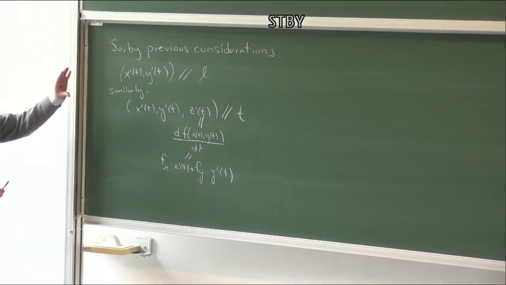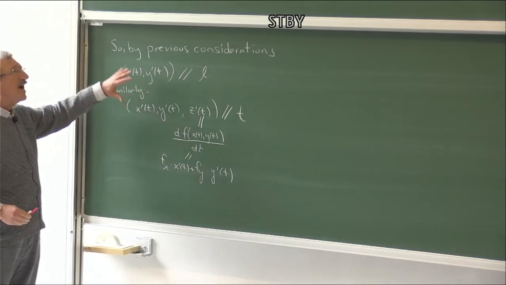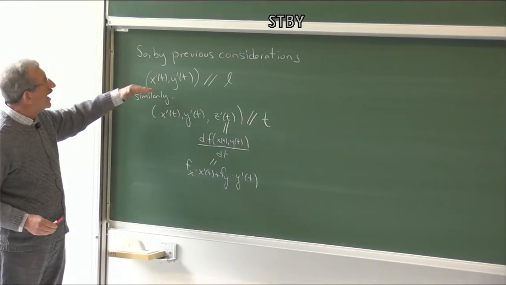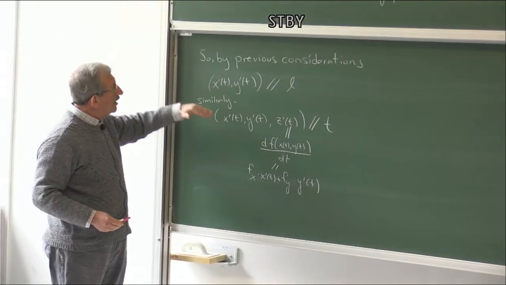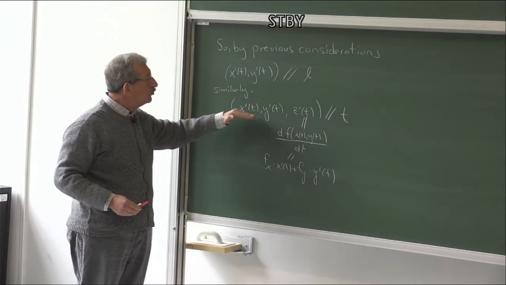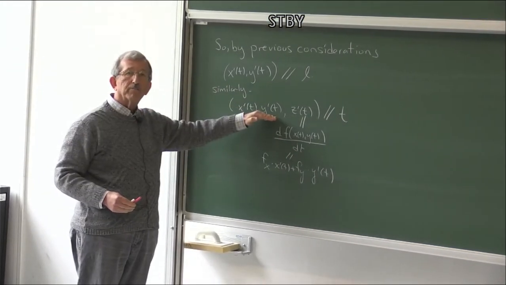So from here we observe that the tangent line, a vector parallel to the tangent line L, has on top of it this vector whose first two components are the same.